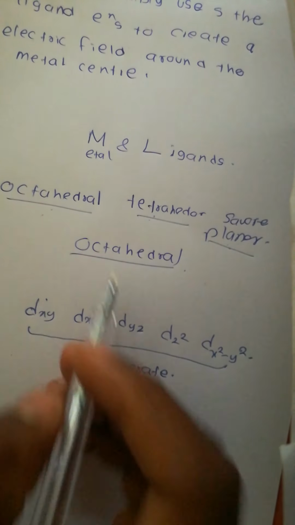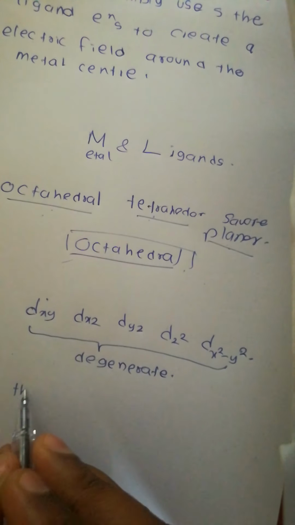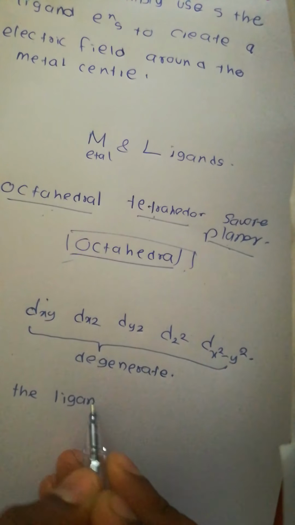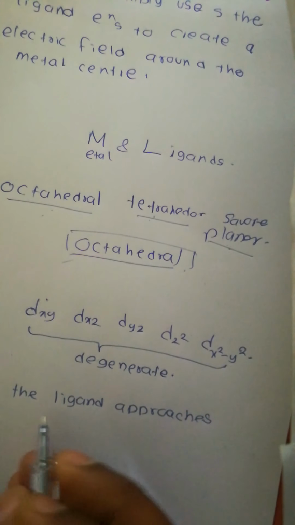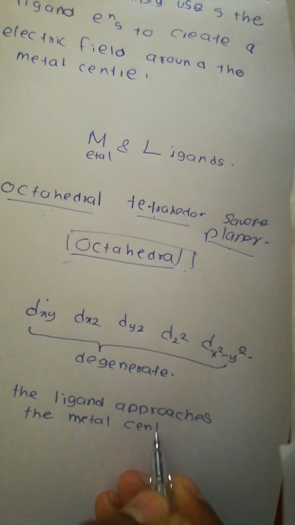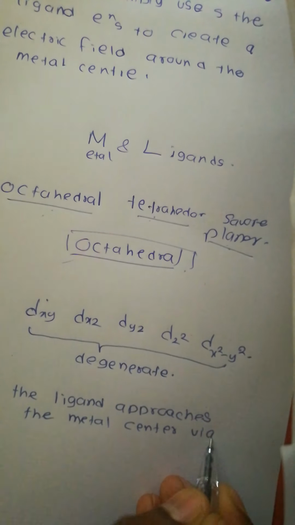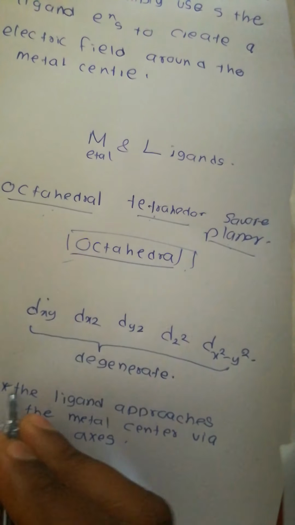But in octahedral complexes, the ligand approaches the metal center via the axis. That means the ligands approach along the axis.